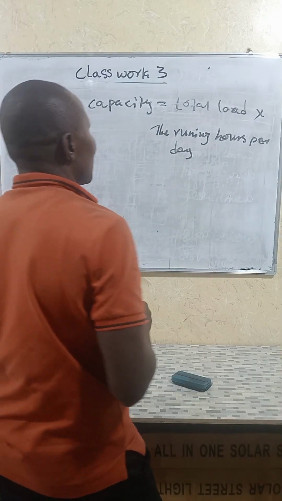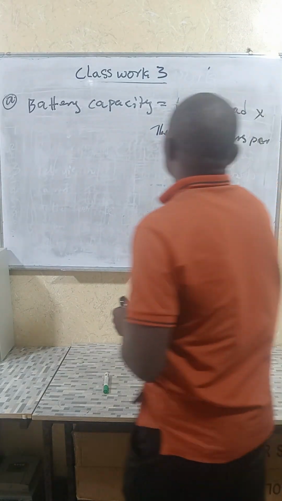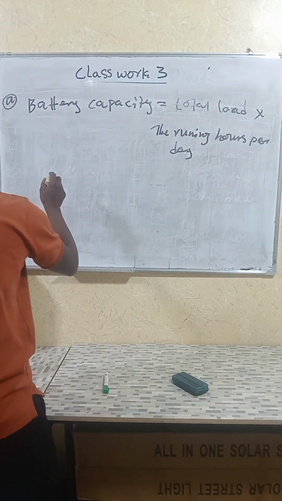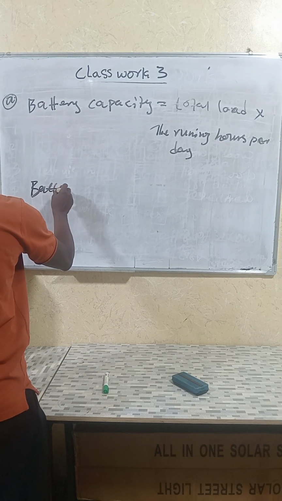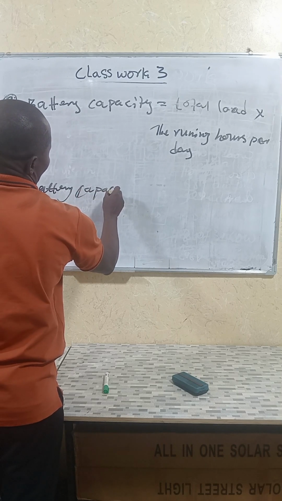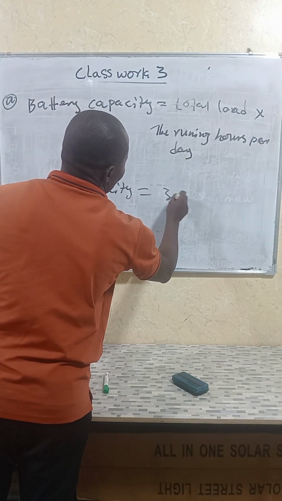Total load times running hours per day. Now remember that our total load is equal to what? Total load is 3000.